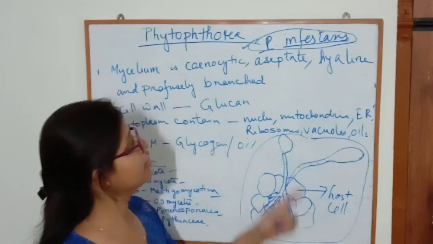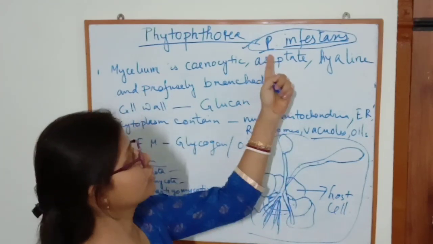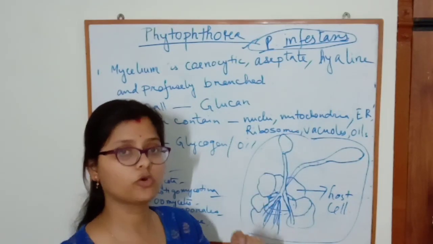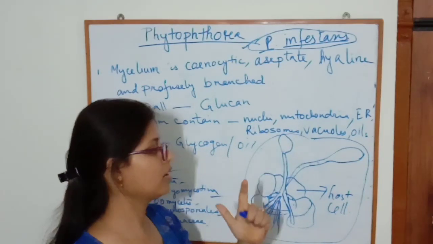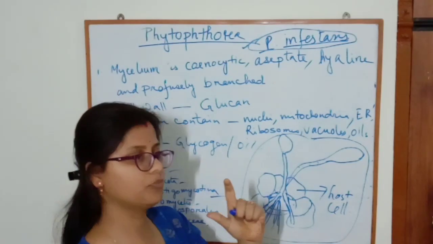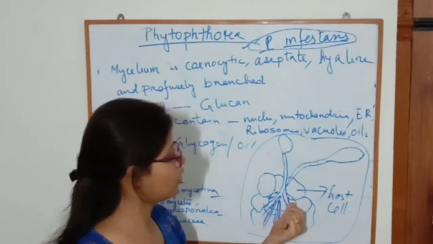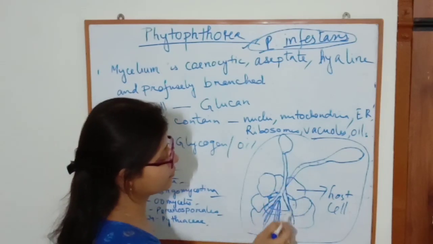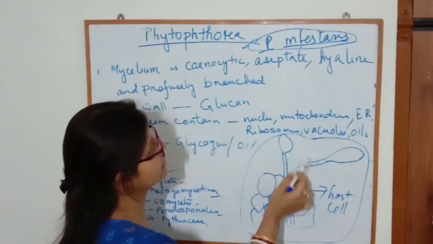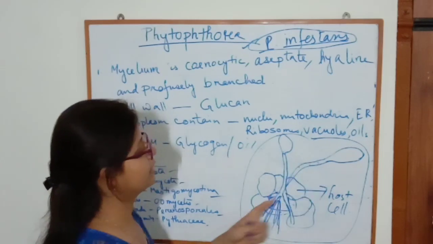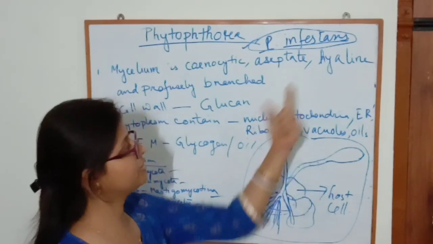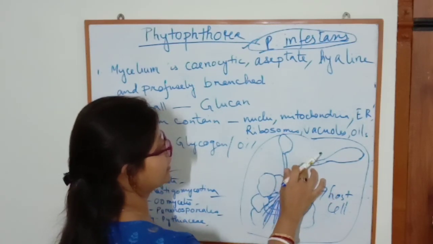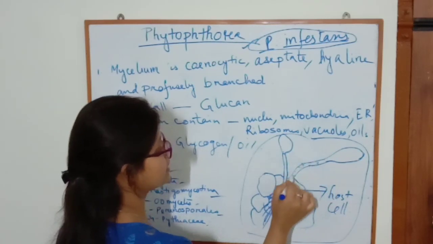If the species is Phytophthora infestans, it attacks the leaf of the potato. That means the potato leaf cell is the host cell. It attacks the host cell and forms these hyphae. The hyphae are aseptate and hyaline, meaning no septa are present and they are colorless, and all nuclei are present freely.